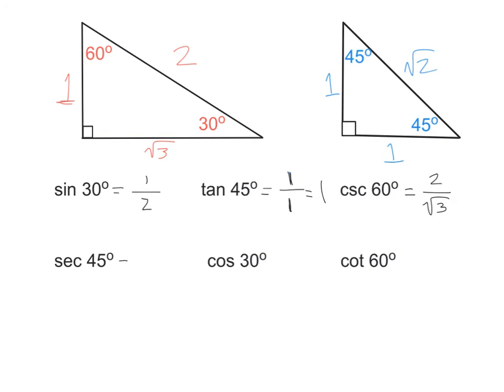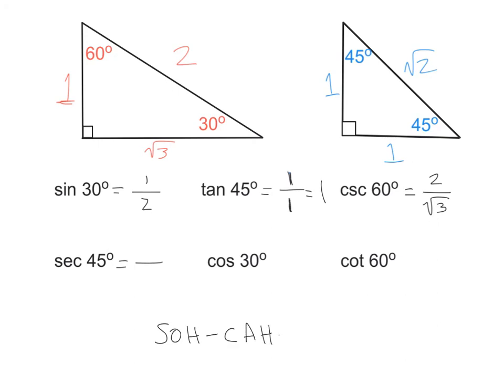All right, secant of 45 degrees. Well, the secant is the reciprocal of the cosine ratio. Cosine is, and again, if you haven't written this down yet, SOHCAHTOA, it might have helped you before we got started here.